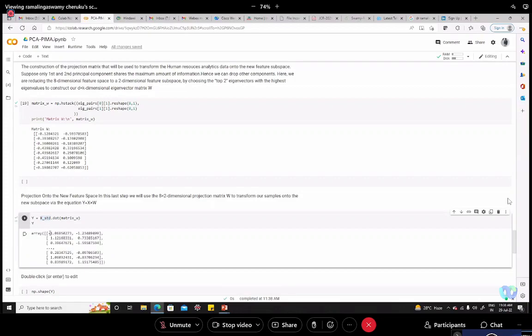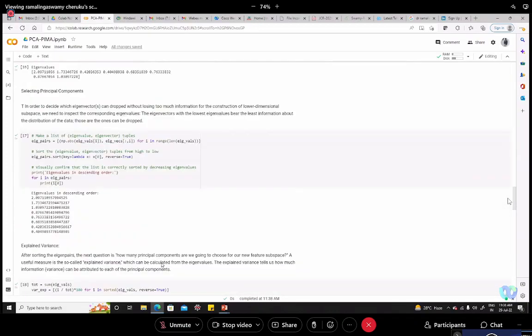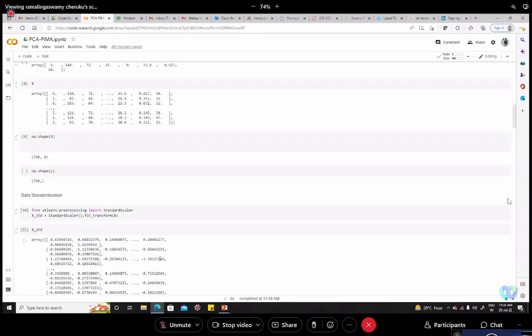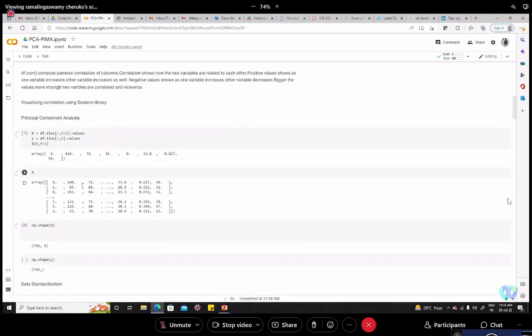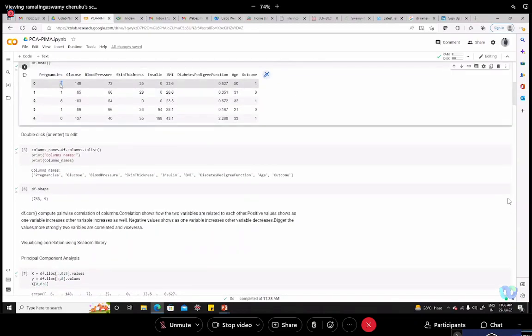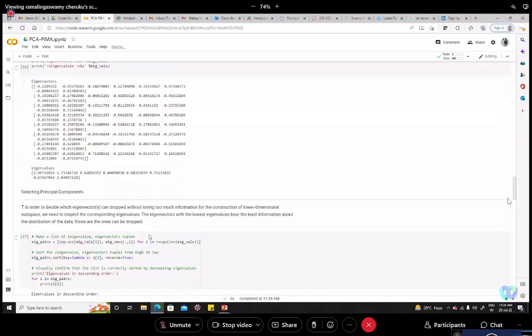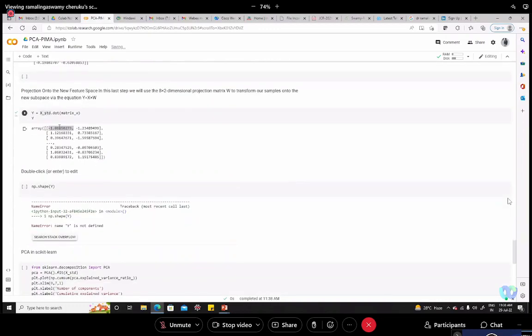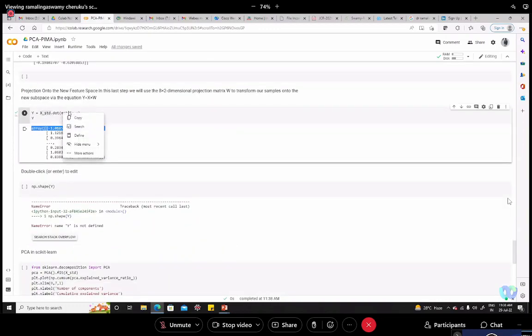If you see, the first feature value here is minus 1.06. What is the first feature value in the original? 6. See, the 6 has been transformed to minus 1.06. They are not the same. It's transformed data, transformed by using the eigenvectors.